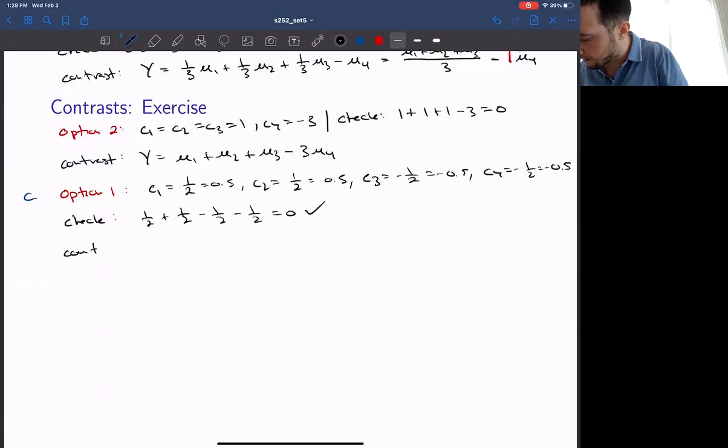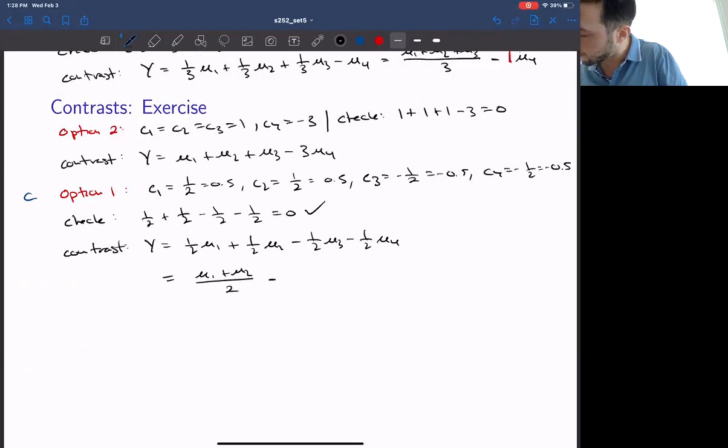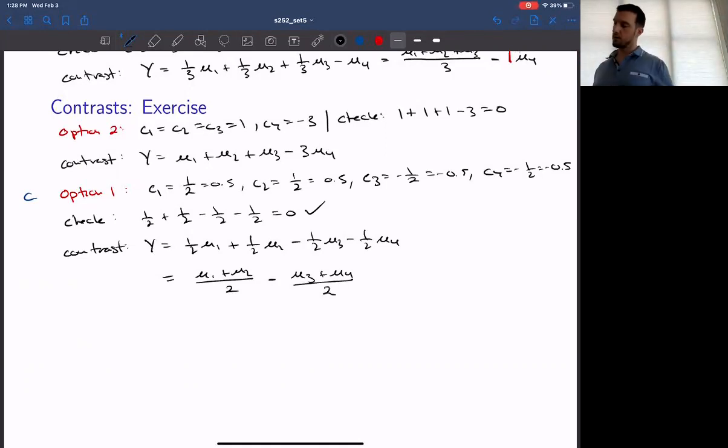And then we would have our contrast, which is gamma equals 1 over 2 mu1 plus 1 over 2 mu2 minus 1 over 2 mu3 minus 1 over 2 mu4, which is (mu1 plus mu2) over 2 minus (mu3 plus mu4) over 2. Okay, so that would be one way that we can get at it.